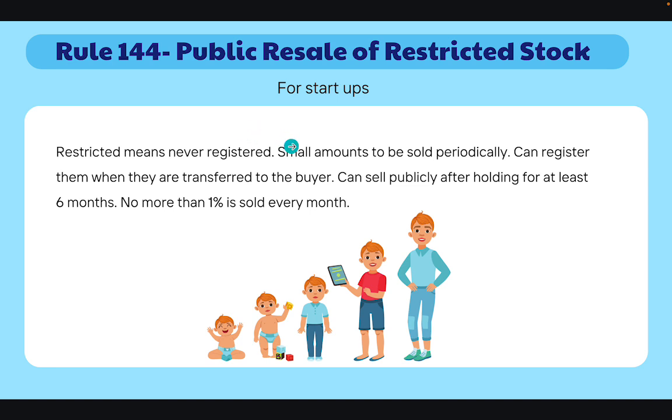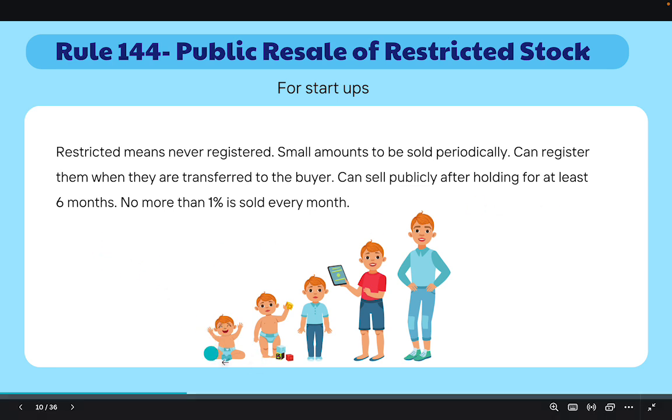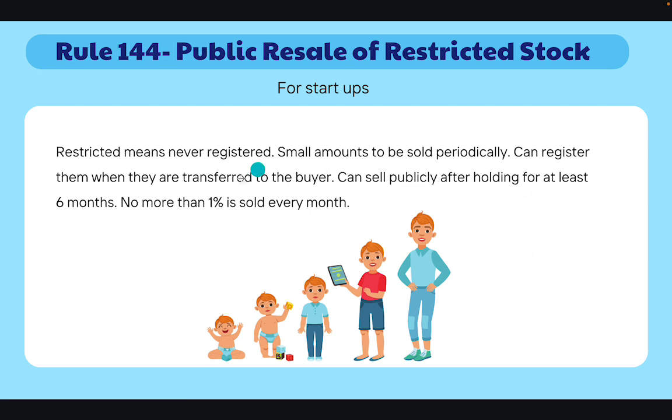Now small amounts can be sold periodically, no more than 1% a month. They can then register them when they're transferred to the buyer, and sell them publicly after holding for at least 6 months. That is a way to grow from a startup. Very cool. They never registered them, so they're restricted, but using this, small amounts can be sold periodically, and they can just grow right up.